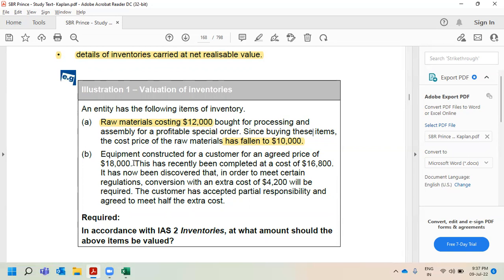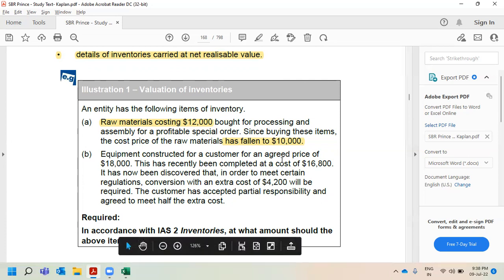Let's take the same example, but to make it more complicated, say we received one party order from one of our clients for 100 glasses of mango juice, which we will deliver at an agreed price of 18,000.